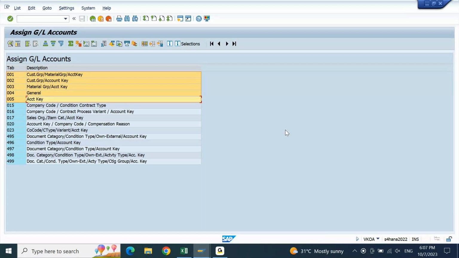One is customer group, material group, account key. The other one is customer group, account key; material group, account key; and only account key on a general basis. Majorly, we will be using the first two: customer, material, account key or customer, account key.